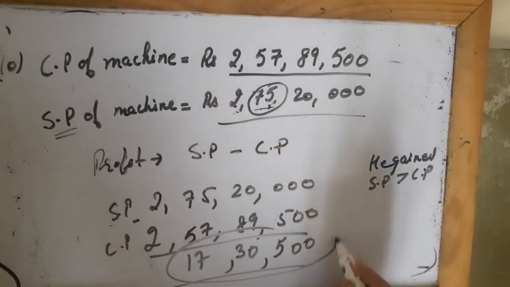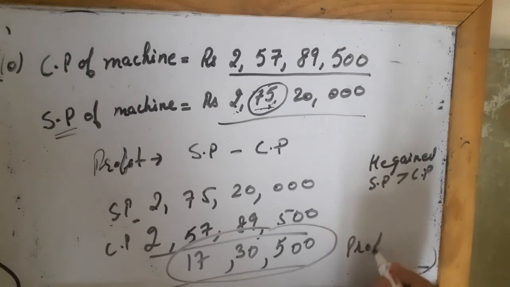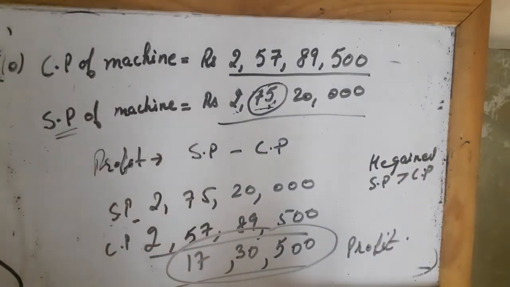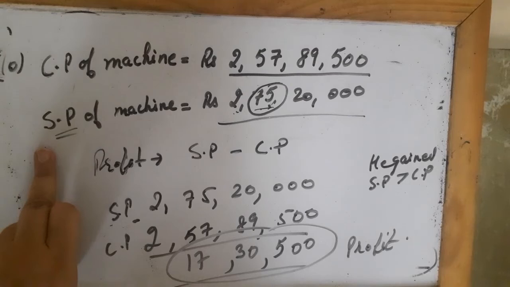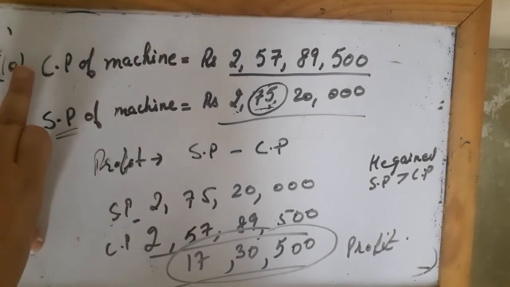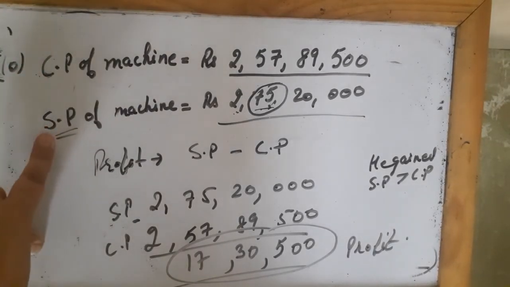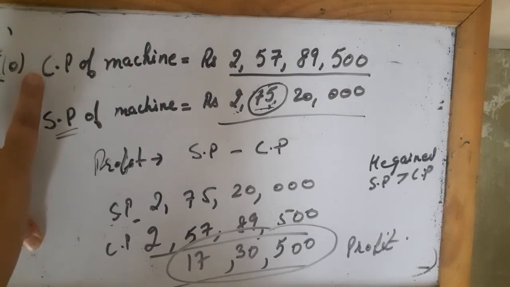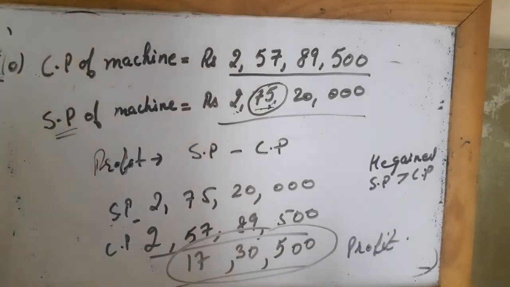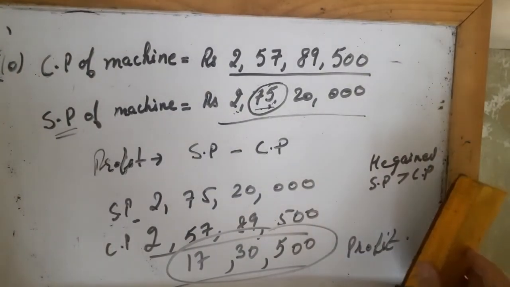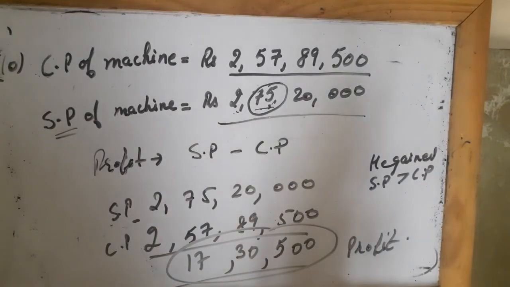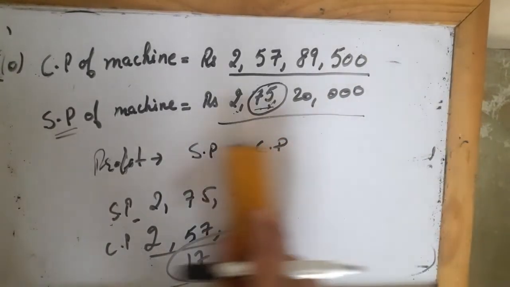So this was his profit. So when do we have profit? When selling price is bigger than the CP. When the selling price is bigger than the buying price, then we have a profit. So he had a profit of 17,30,500.